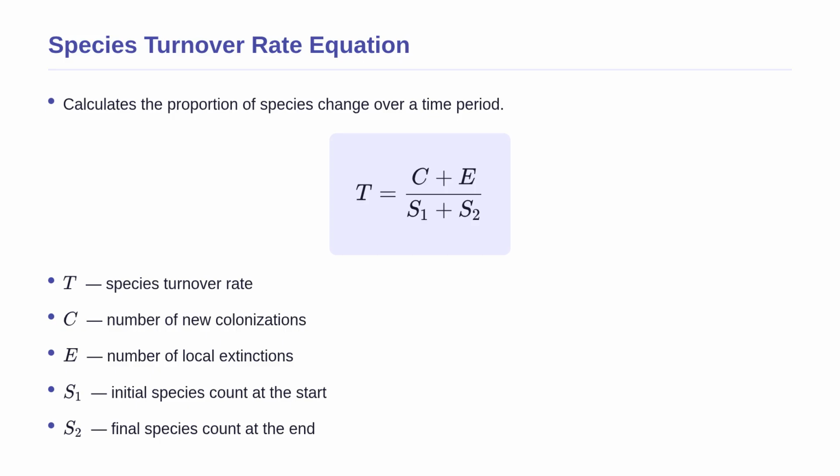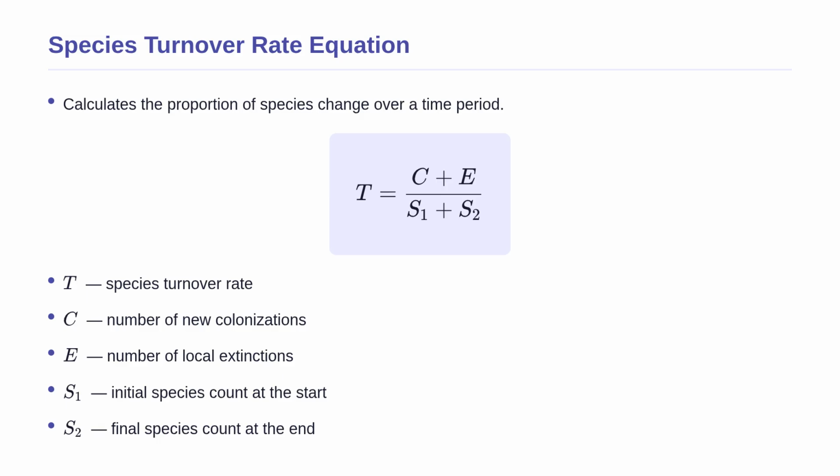To quantify this shifting community, we use the species turnover rate formula. Conceptually, this formula compares the total amount of change against the total pool of species that existed during the study period. Let us define the variables. T is the species turnover rate. In the numerator, C represents the number of new colonizations, and E represents the number of local extinctions.